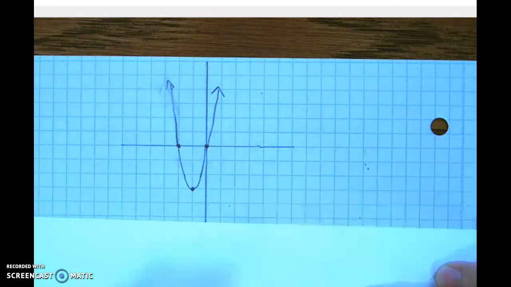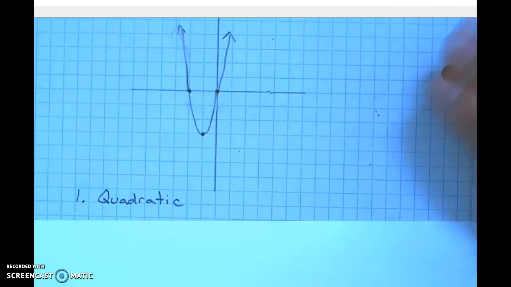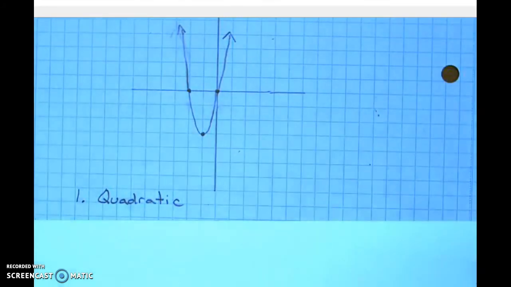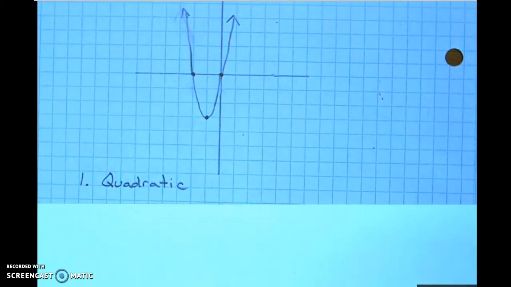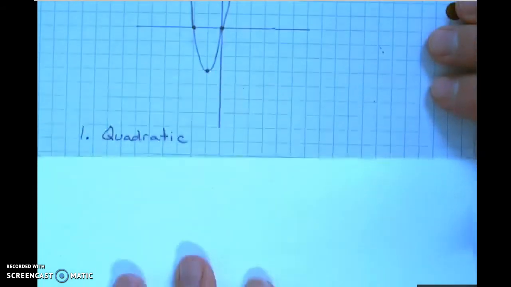All right, so it is a quadratic. Now success criteria number two: name the key features. We're going to go into depth just a little bit more as we look at these key features in case you've forgotten how to find them.